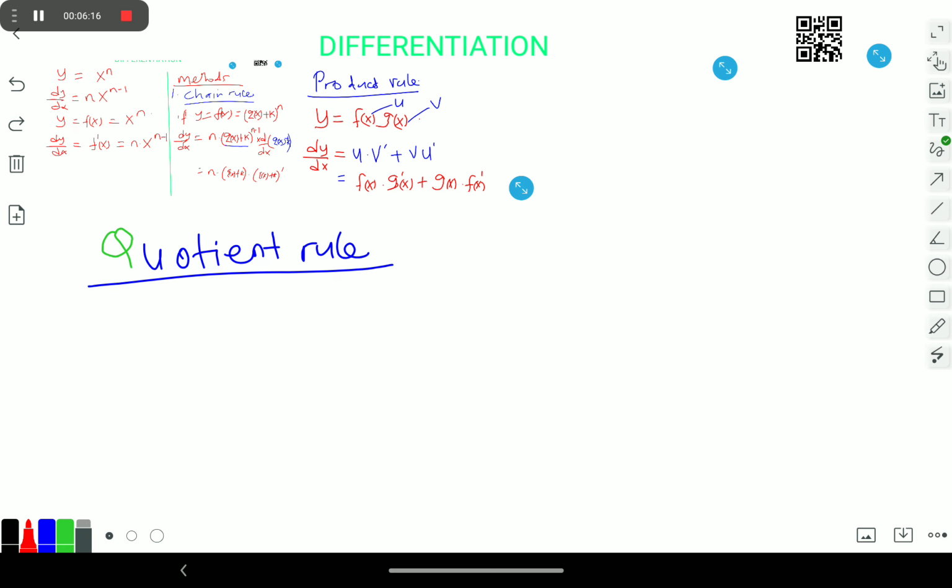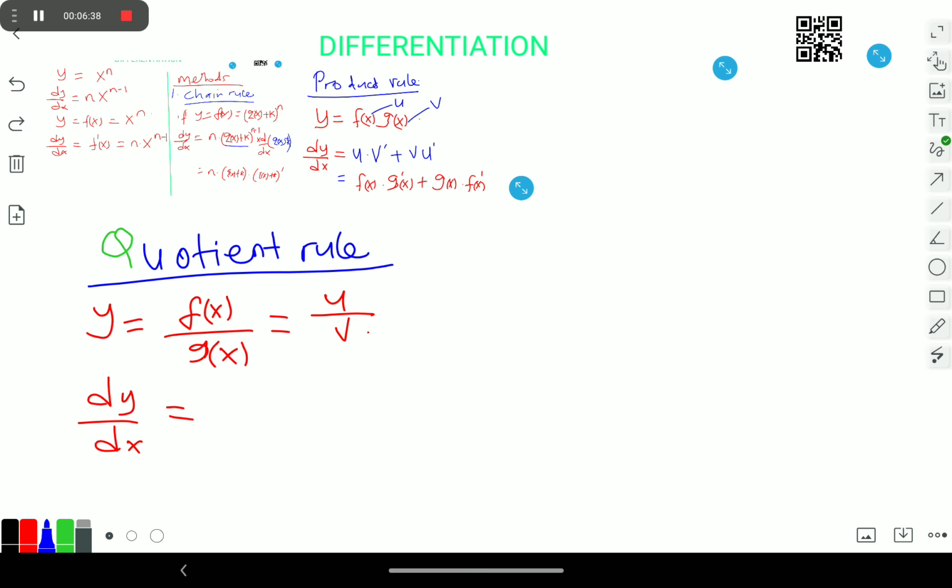Let y equal f(x) divided by g(x). This can be put in the form of u divided by v. So by the quotient rule, dy/dx equals v times the derivative of u minus u times the derivative of v, divided by the square of v, where v is the denominator function.